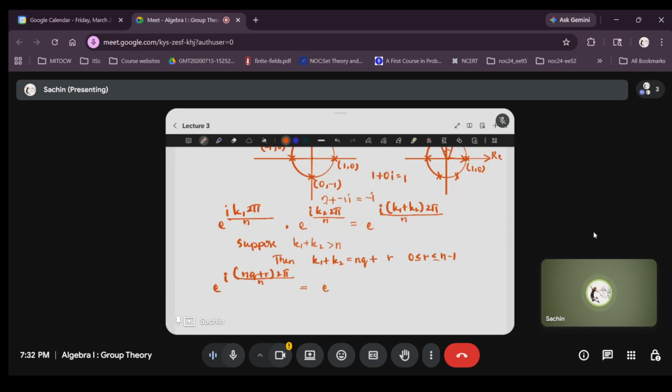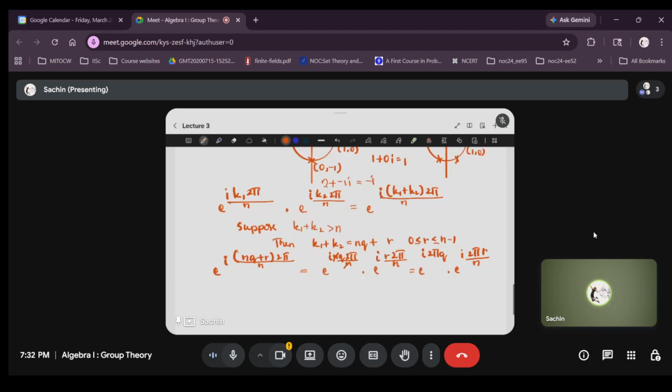You can split this and write this as e power i into n into q into 2 pi by n times e power i into r into 2 pi by n. This is nothing but e power i into 2 pi q times e power i into 2 pi r by n, where r is a number between 0 and n minus 1, including 0 and n minus 1.